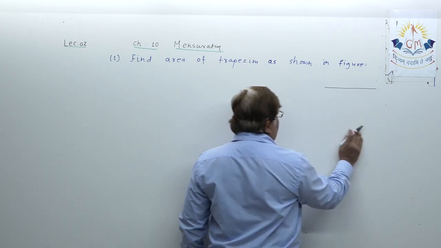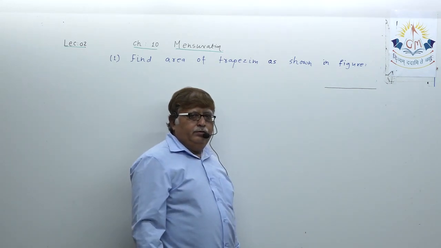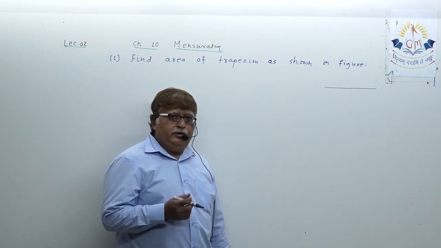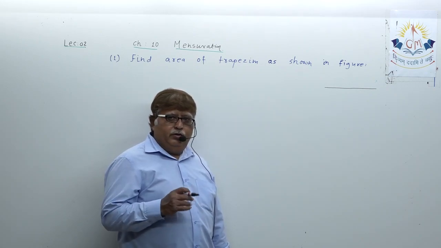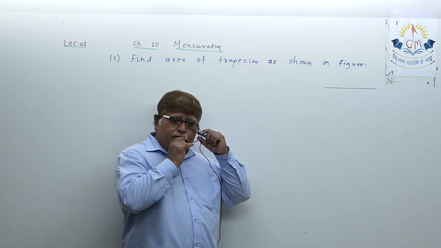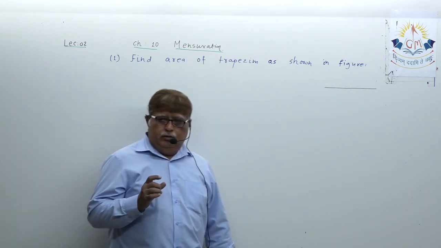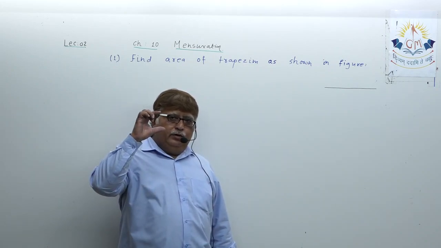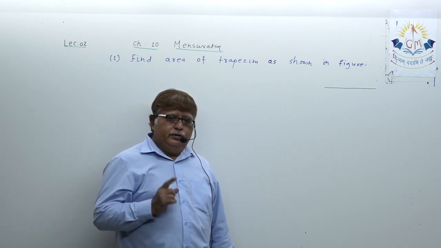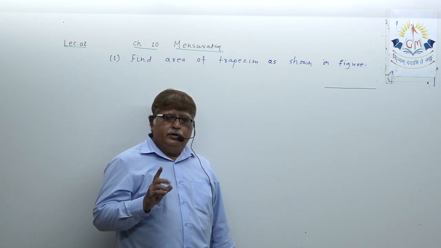The trapezium doesn't look like the standard diagram which we have drawn in the previous lecture. Don't stick to the idea that a trapezium is always drawn in that way. In a trapezium one thing has to be very clear: only one pair of opposite sides should be parallel and the other pair of opposite sides should not be parallel.